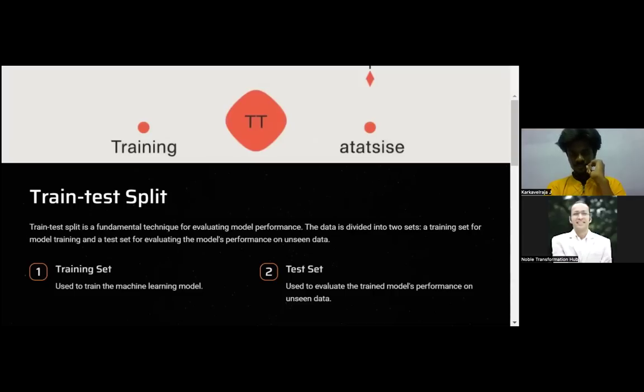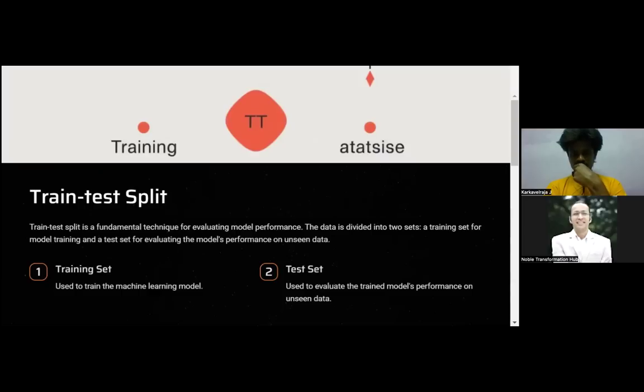The training set is used to train the machine learning model. It's simple: you train the machine learning model based on training data. The test set is used for evaluating the model performance on unseen data. This is how we evaluate: we pick the model, and then we do train, test, and split.